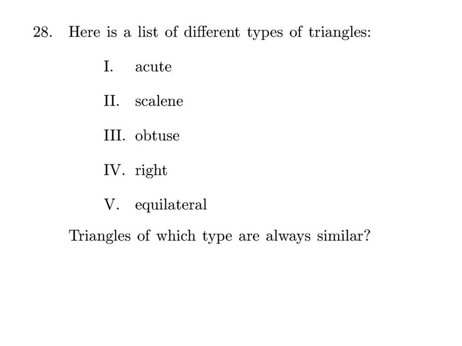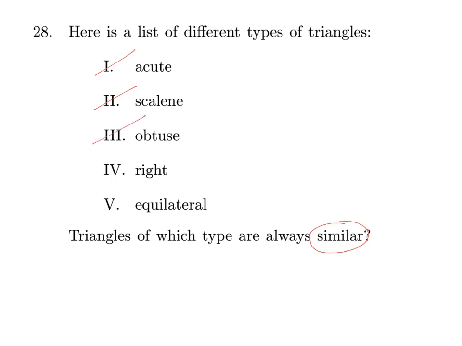Here's a list of different types of triangles. Acute, scalene, obtuse, right, equilateral. Triangles of which type are always similar? Interesting. You can have triangles that are acute and they have different angle measurements. You could have triangles that are scalene and have different side lengths where the ratios aren't equal. You can have obtuse triangles where the obtuse angles aren't the same.